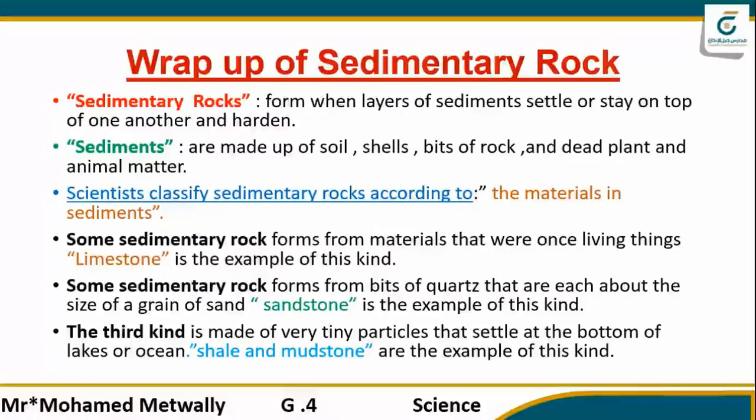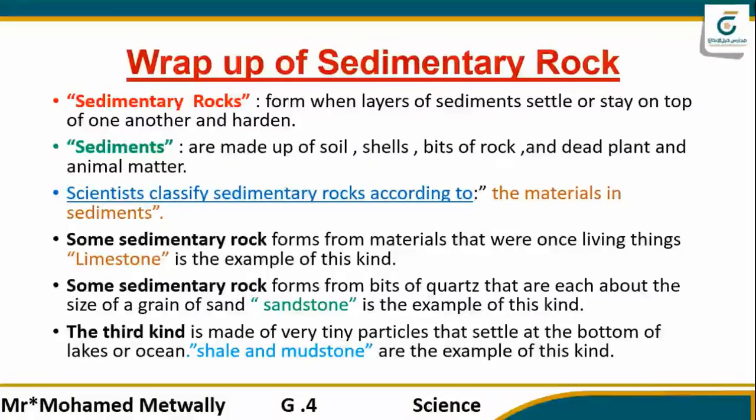The second type is sedimentary rock that forms from bits of quartz. Quartz here is a mineral. You know mineral crystals right now. So when the crystals of quartz combine together, it gives also a kind of sedimentary rock which we call sandstone.